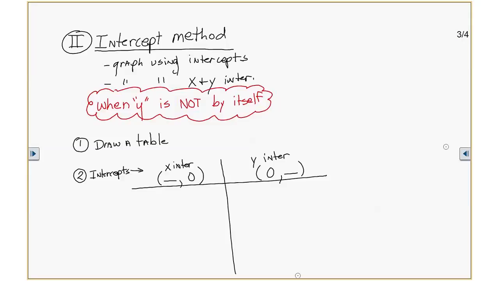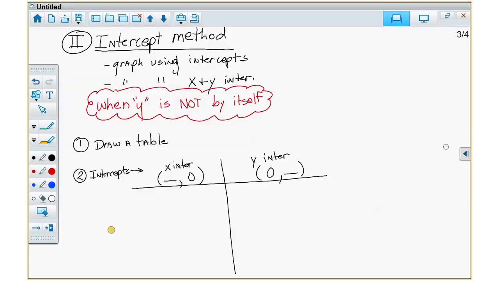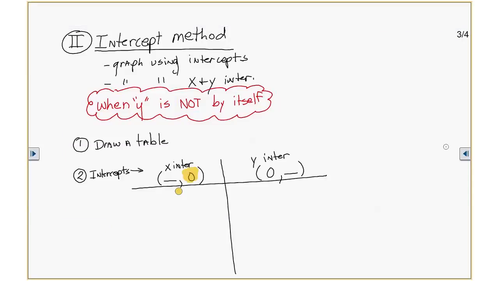Now, the reason I teach this method is because you need to know it. And the other reason I teach it is for this. From here on out, whenever you want to find, in any math, any science, any business, any marketing, any kind of meeting, if you want to find the x-intercept, you plug in 0 for y.